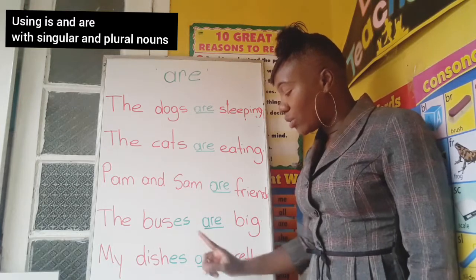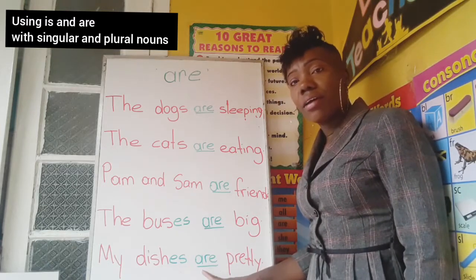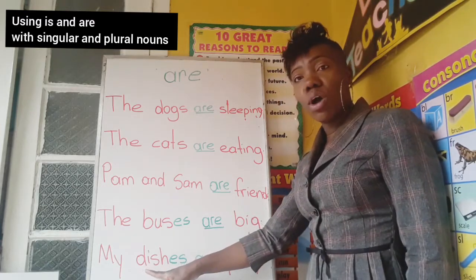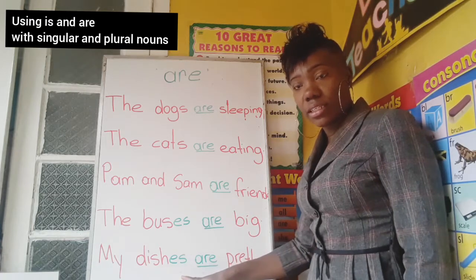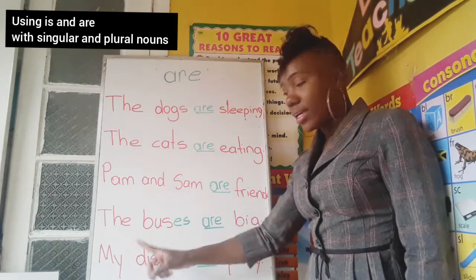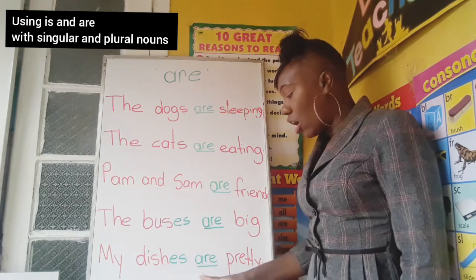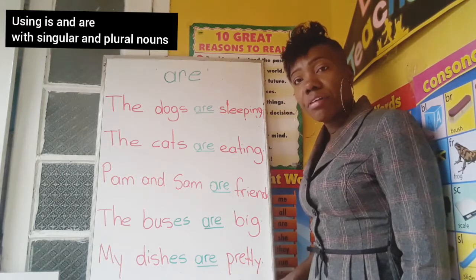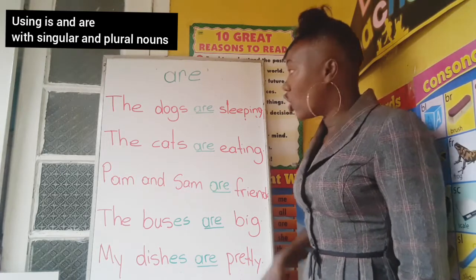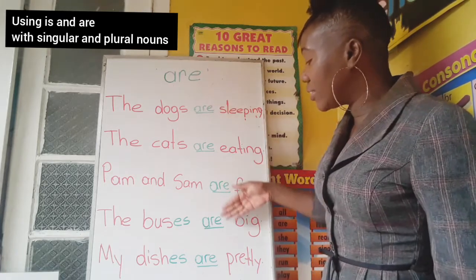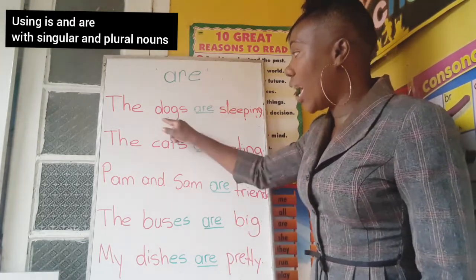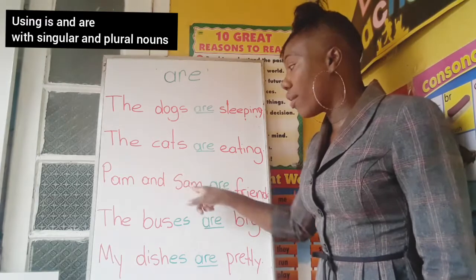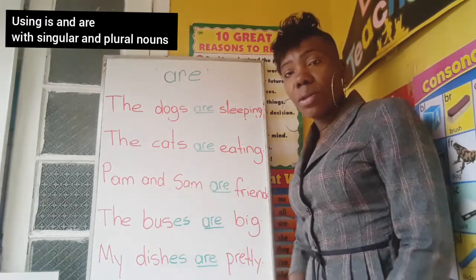And therefore we use the word are because we're talking about more than one dish. My dishes are pretty. So we use are in the sentence when the nouns are more than one, plural.